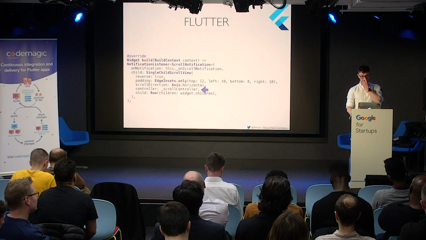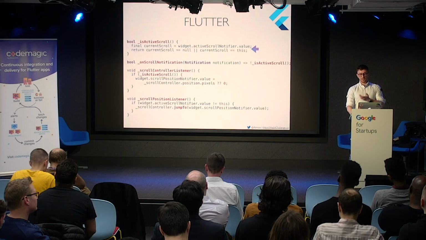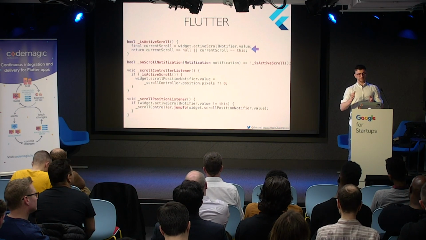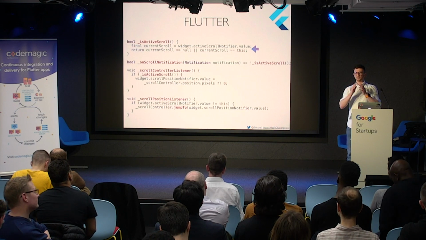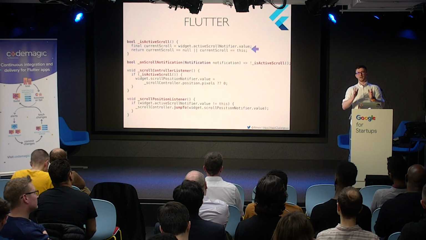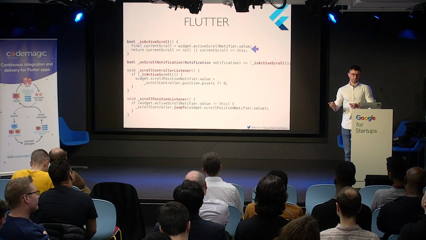single child scroll view. One single helper method is active, so whenever the current active scroll notifier is null, there is no action, or we are starting scrolling on the given list.